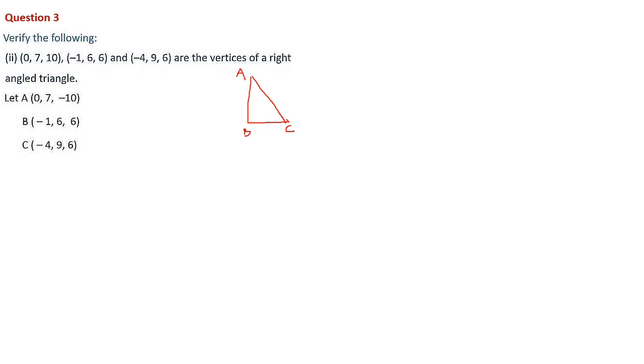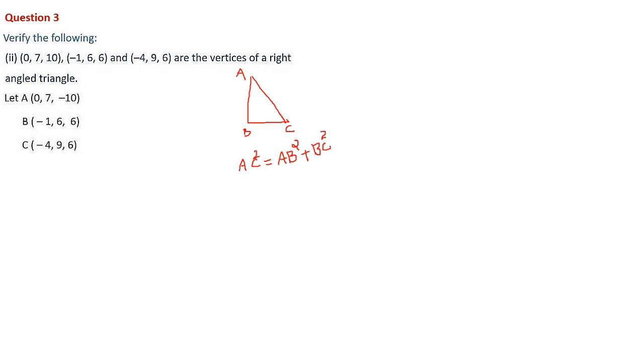Pythagoras theorem based on this triangle means we should get AC square is equal to AB square plus BC square. This is the Pythagoras theorem, AB square plus BC square. And if this is satisfied, then we can say that these points form a right angle triangle.